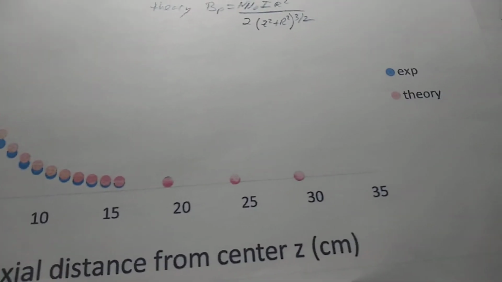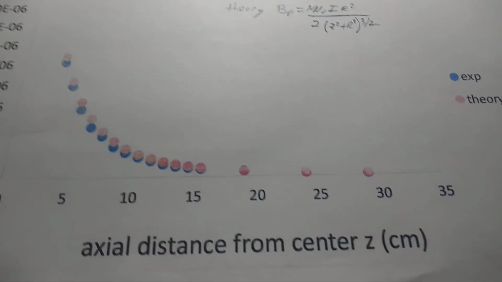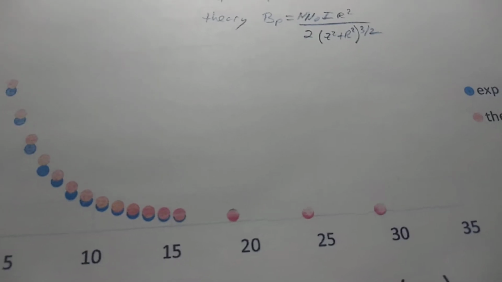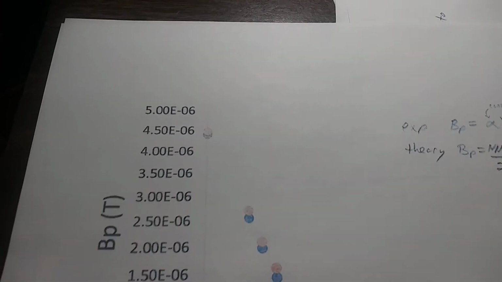Z is the axial distance from the machine. You should do it in meters. I did it in centimeters, but you can do it in meters, and you'll get a magnetic field there.